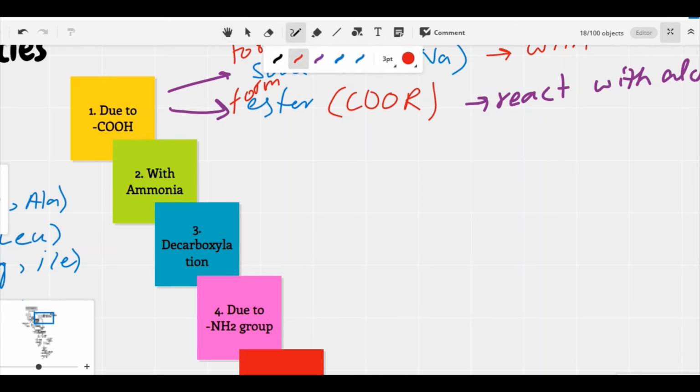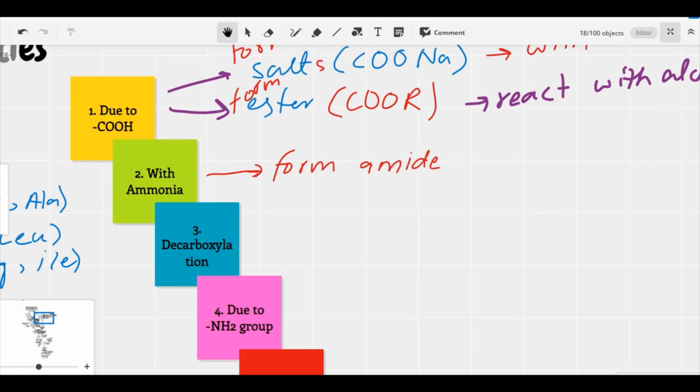The carboxyl group of the dicarboxylic amino acids reacts with ammonia to form amides. So here it will form amides when it reacts with ammonia.